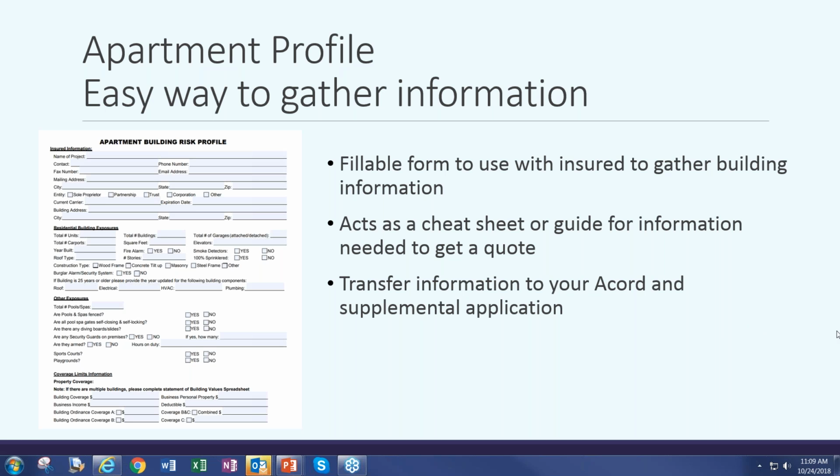Now I see that you're asking a question about D&O, and we're really not talking about D&O here, because an apartment building is not a nonprofit organization. You might be thinking of community associations or a condo association, where we've got a board of directors.